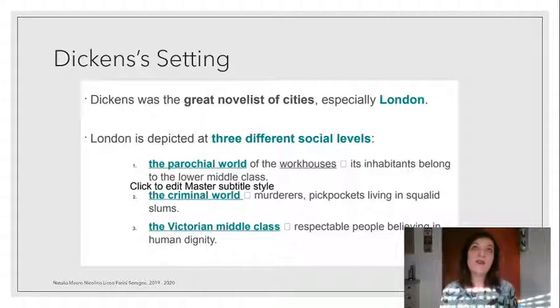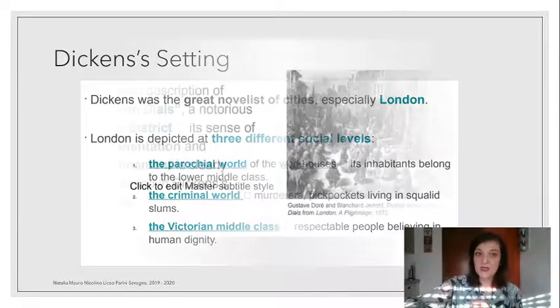Another level of society which he focuses on in his novels, in his settings, is the parochial world, or the world of the workhouses, with all its inhabitants who, as you know, belong to the lower middle class, to the poorest people who lived in British Victorian society.